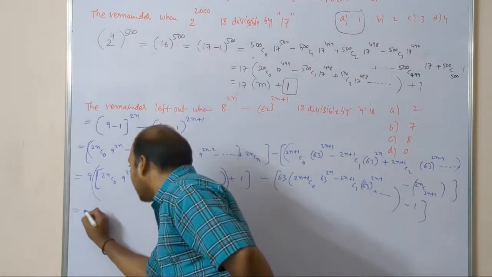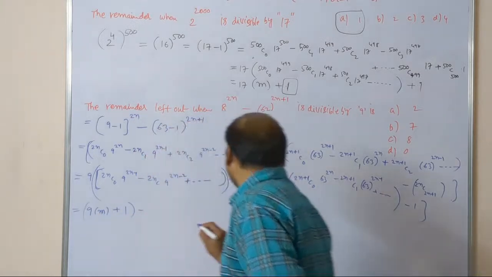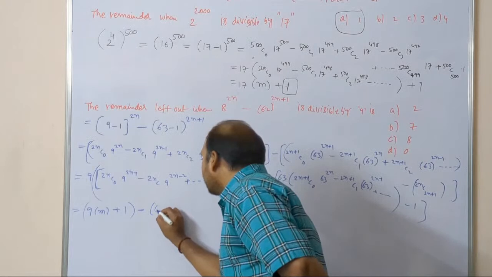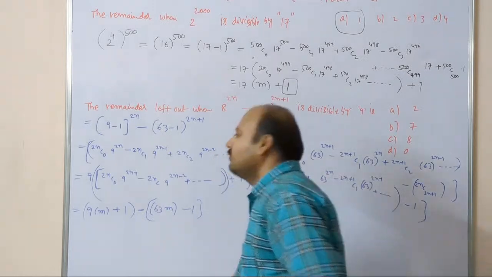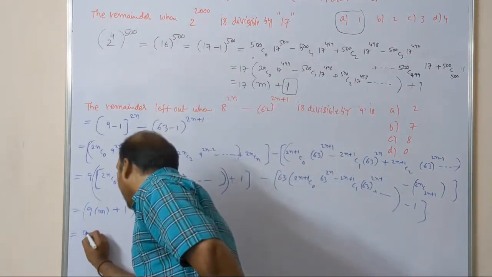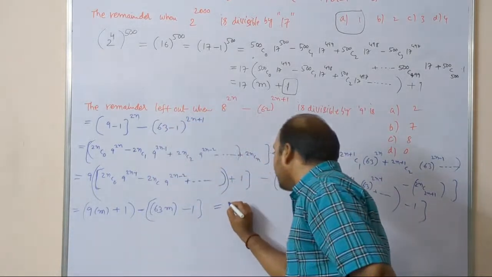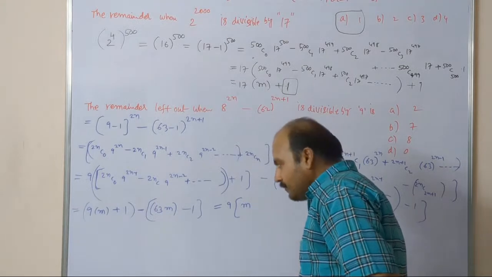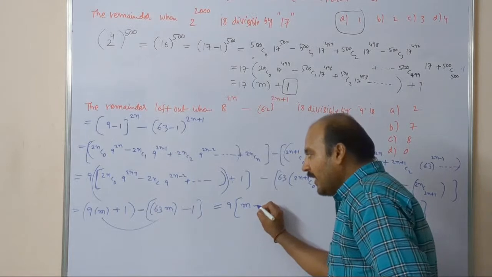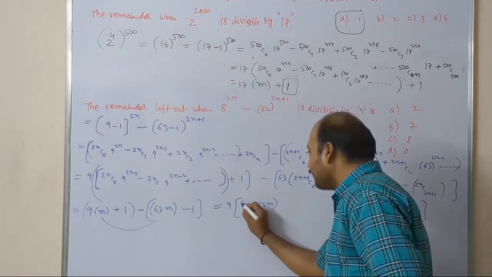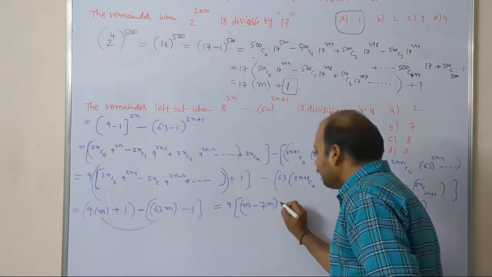From both, this can be written as 9m plus 1 minus 63m minus 1. From both you can take 9 common. Why? Because they are saying it is divisible by 9. If you take 9 out common, m from these two only, minus 7m.